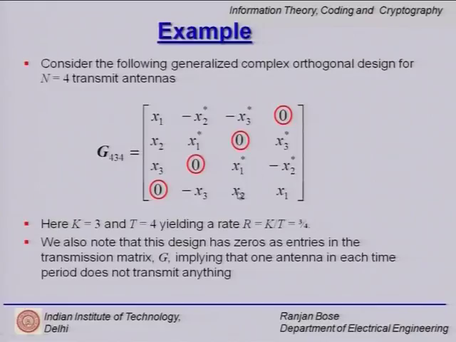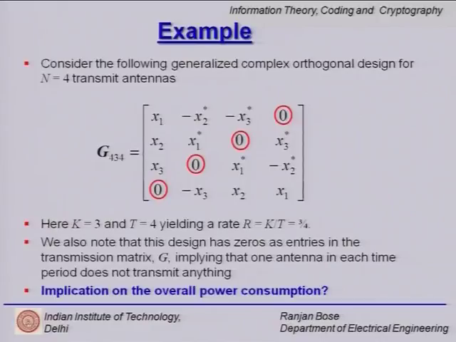So this shows you that each and every time slot makes sure that one antenna element is silent. So it has a very interesting implication on the power consumption. That is also an important parameter here.